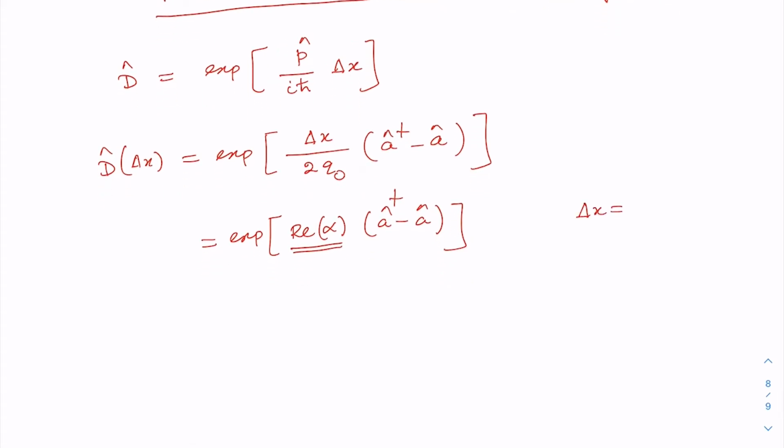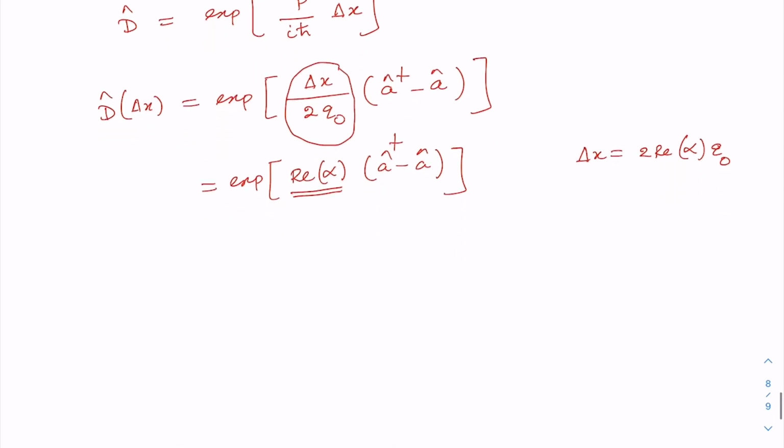Later on you will see that Δx is equal to twice the real part of alpha times q0. That's what you can just take it like this: Δx by 2 q0 is nothing but the real part of this parameter alpha.